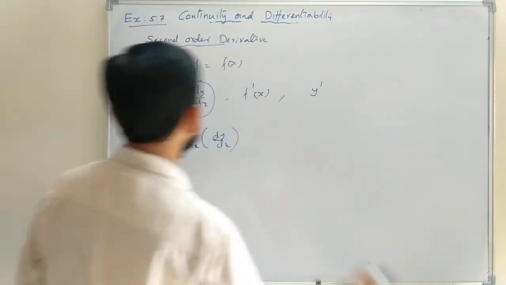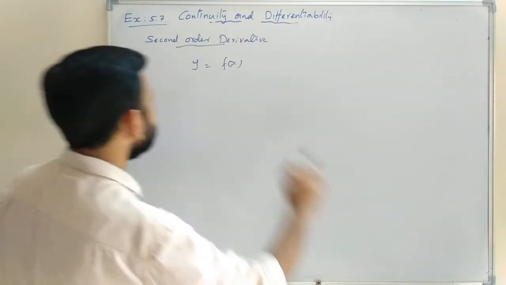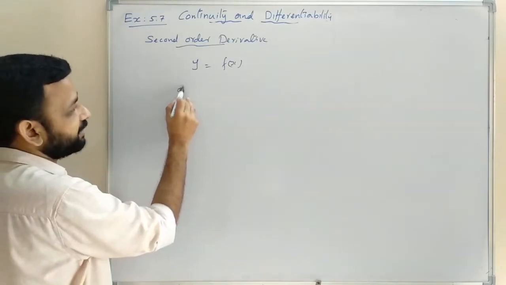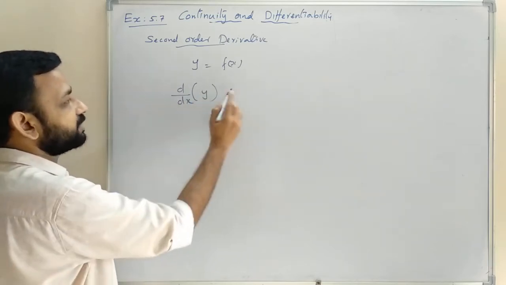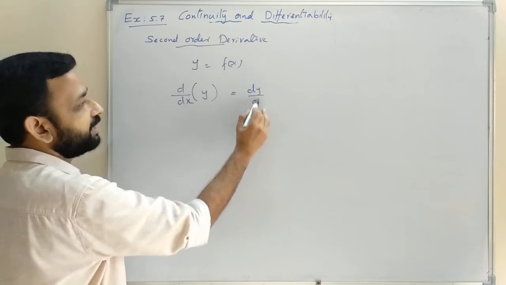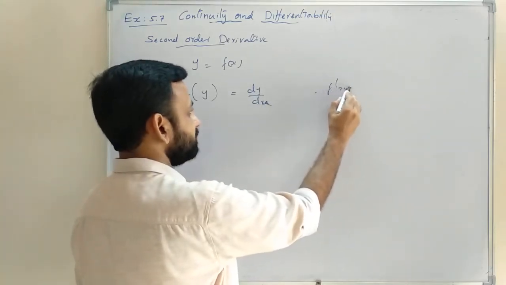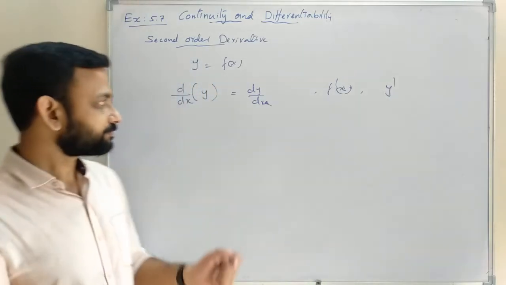So once again, y is equal to f of x is a function, and if it is differentiable, we can find its derivative, that is d by dx of y, that is dy by dx, or f dash x, or y dash, the first order derivative.